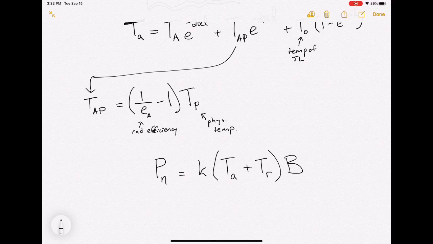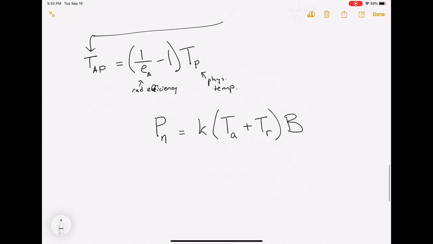So both the antenna and the receiver have a contribution to the noise power. But once you know this noise power, you can put that into your required SNR value, and that'll tell you the minimum value of receive power that you need in order to successfully do your radar detection or your communications link.